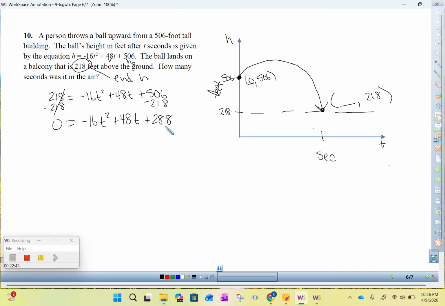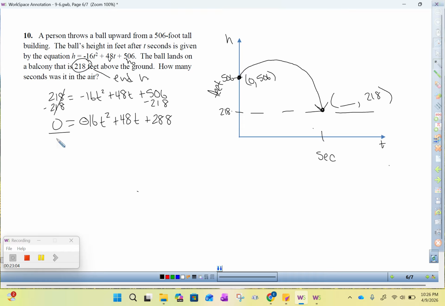And then at this point, we're looking for GCF. This time, they're all even, so at least a 2 goes in. But what I like to do is try the 16 first. And in this case, 16 does go into all three numbers. So remember, I want to get rid of the negative every single time here.